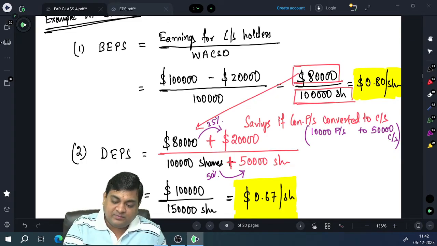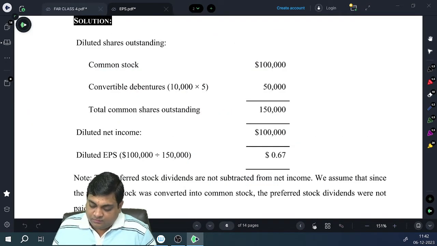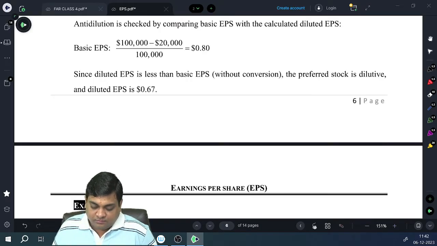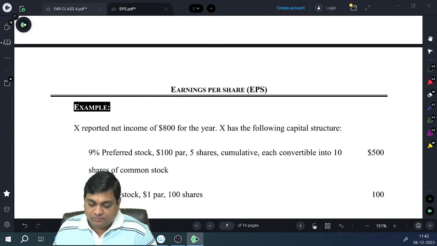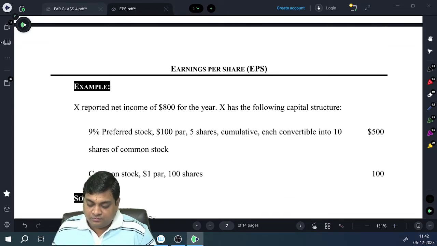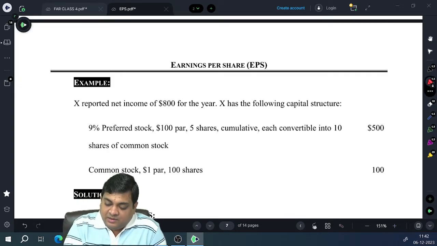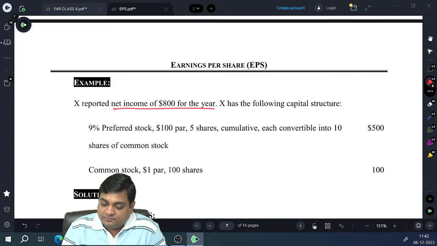Okay, let us move ahead. Net income, another example. 9% preferred stock.